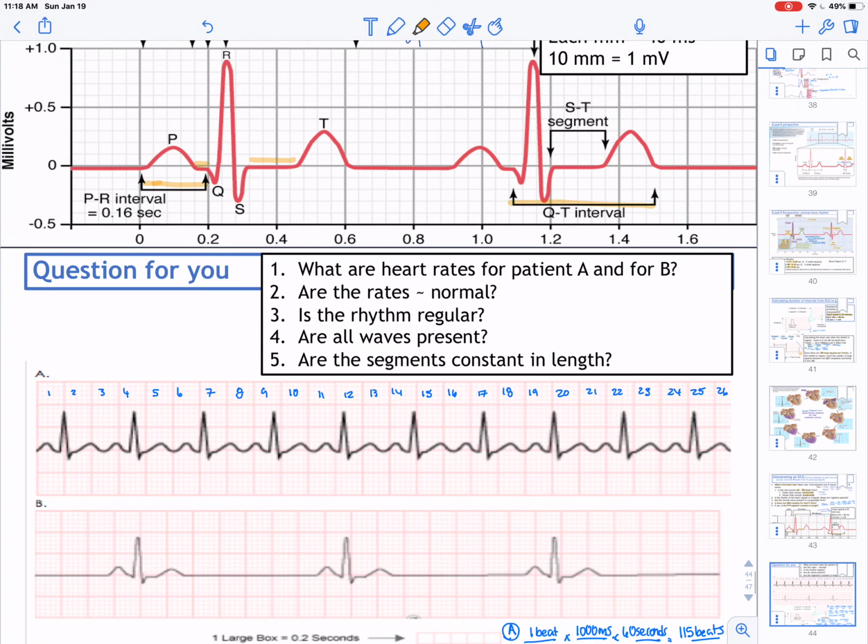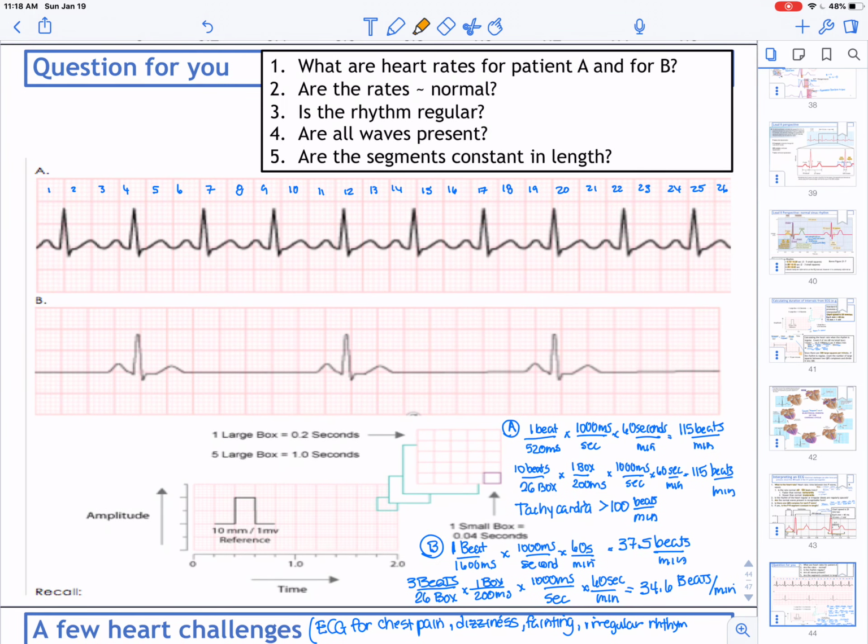So how can you apply this? I have 2 different ECG traces, and my questions to you are: what are the heart rates? Are they normal, or are they a little faster than normal or slower than normal? Is the rhythm regular? And are all waves present?